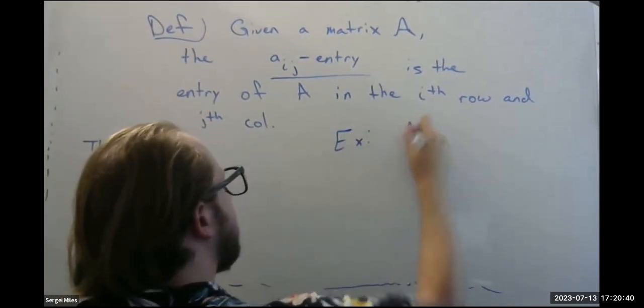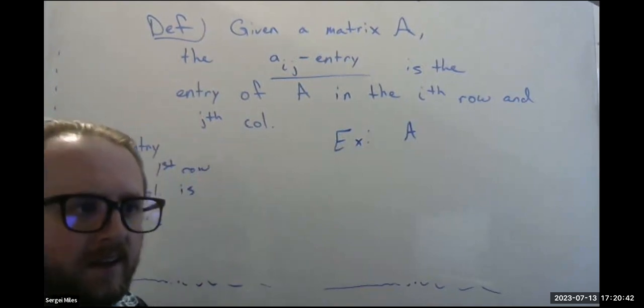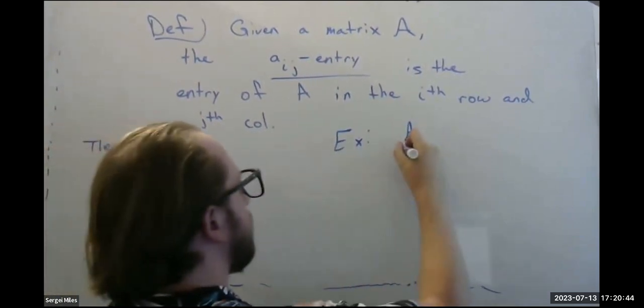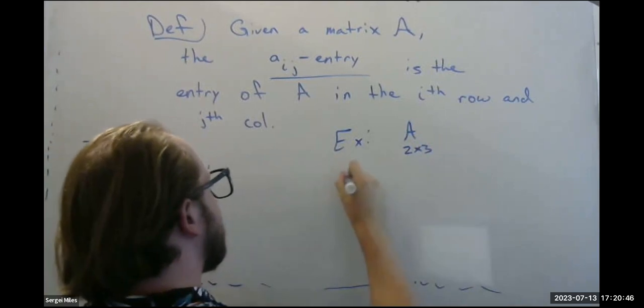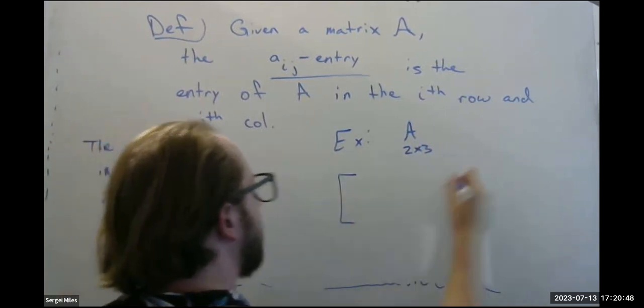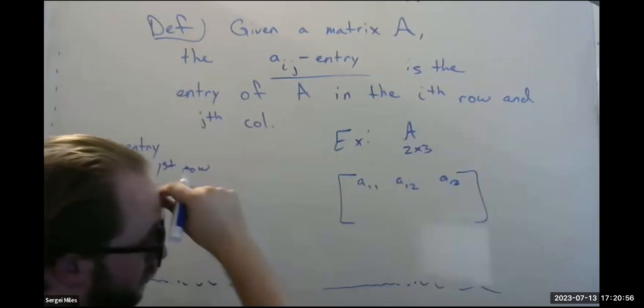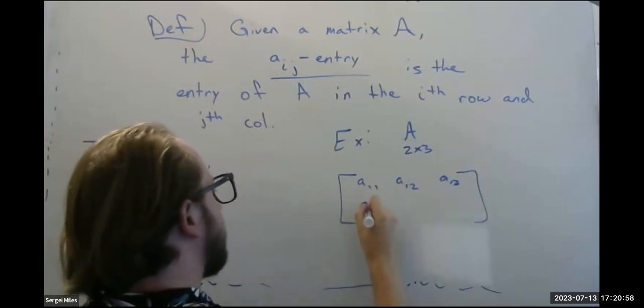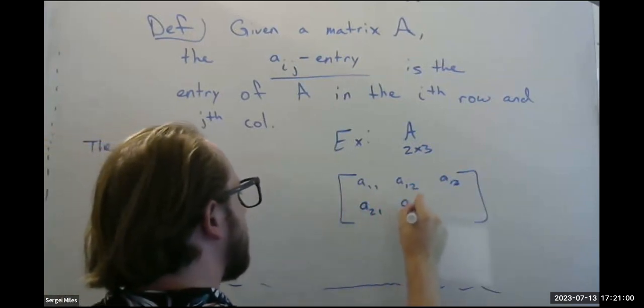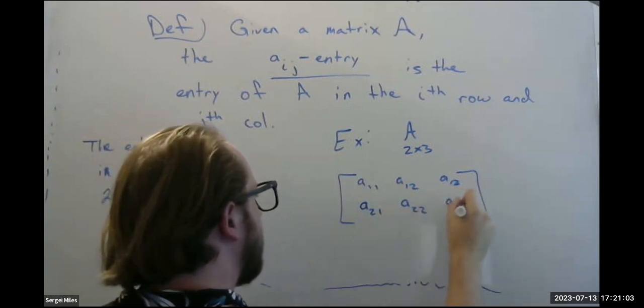So in practice, for example, let's say A is a 2 by 3, then it has 2 rows and 3 columns. A13, this makes up the first row. A22, A23.